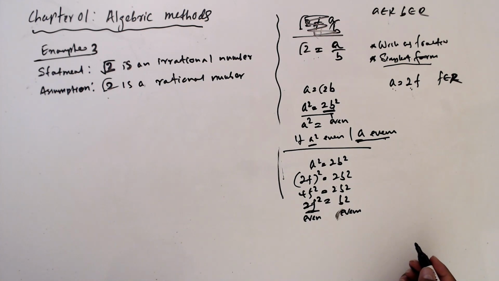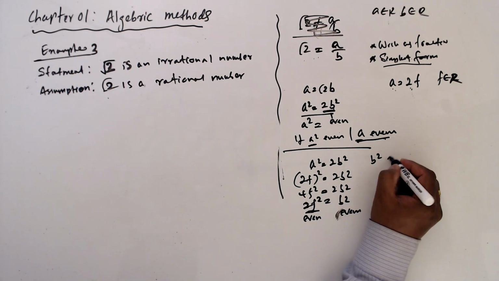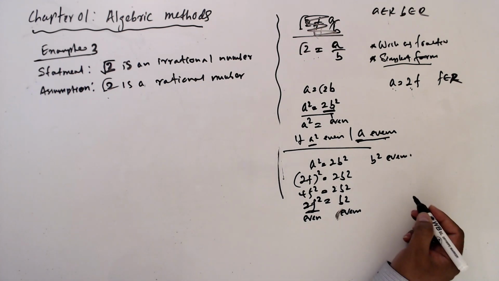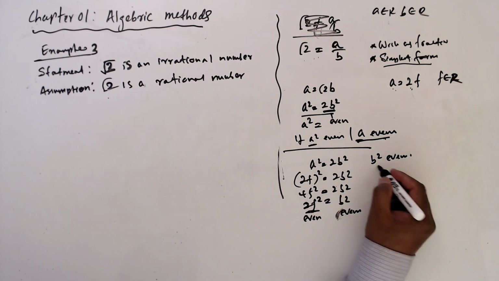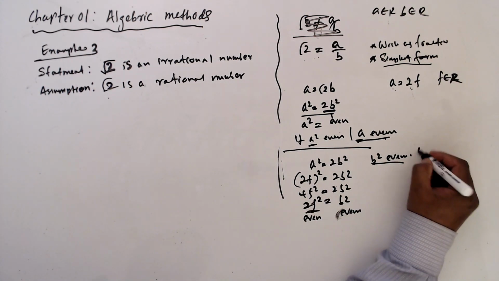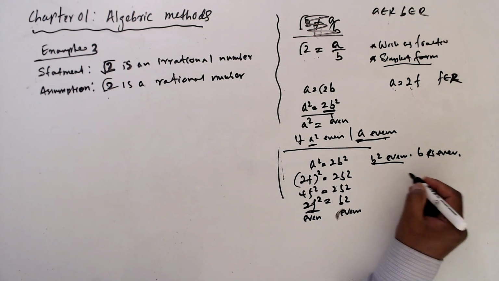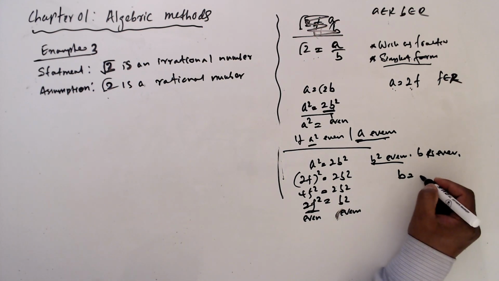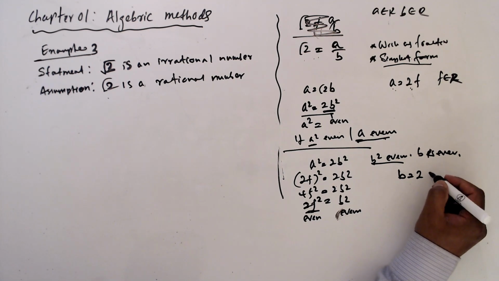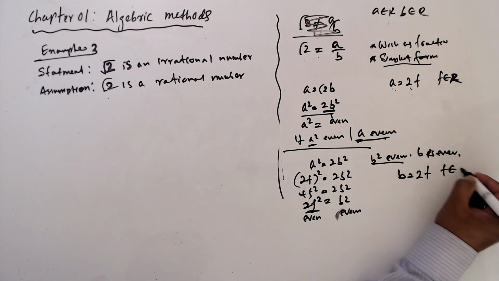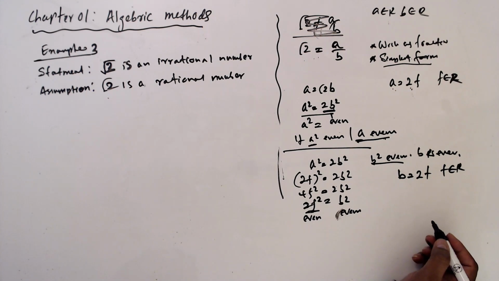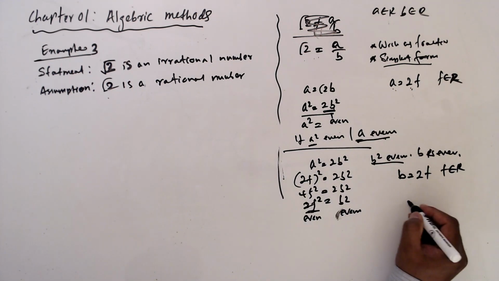How can you write any number now? B square is even. So from the example 2 we discussed, if b square is even, then b is even. Then b you can write as 2 times t, t another number in the real numbers. Then what is a divided by b?